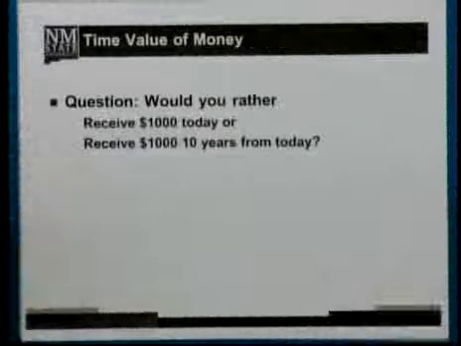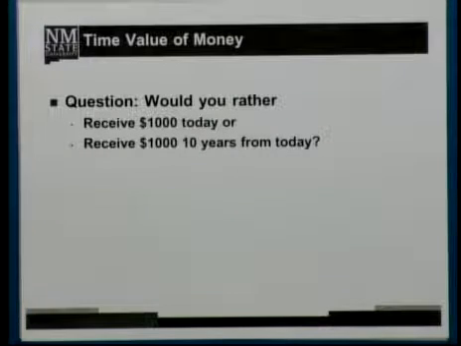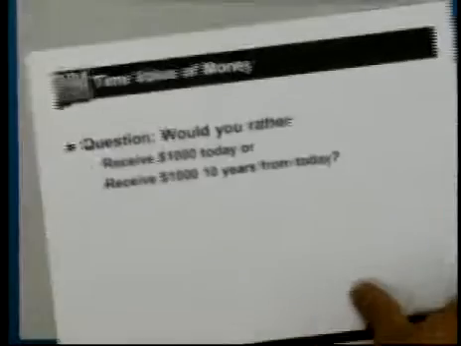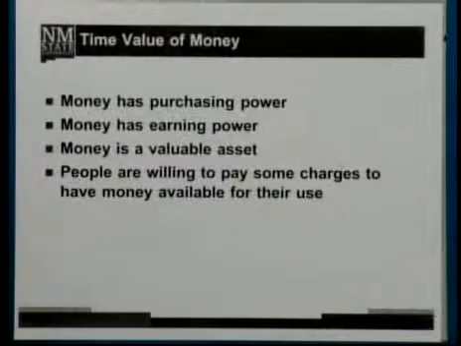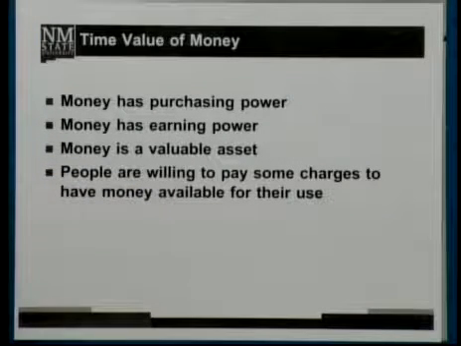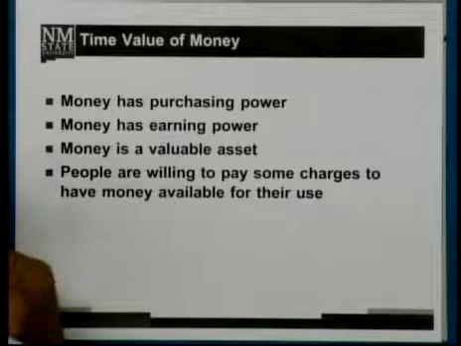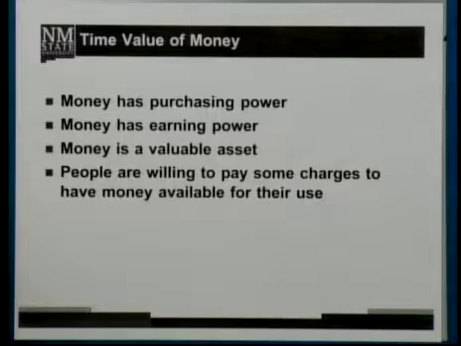Last time we've addressed the time value of money with this very simple question. Because money is much more valuable today than in the future, people are willing to pay interest to have money available for their use, right?